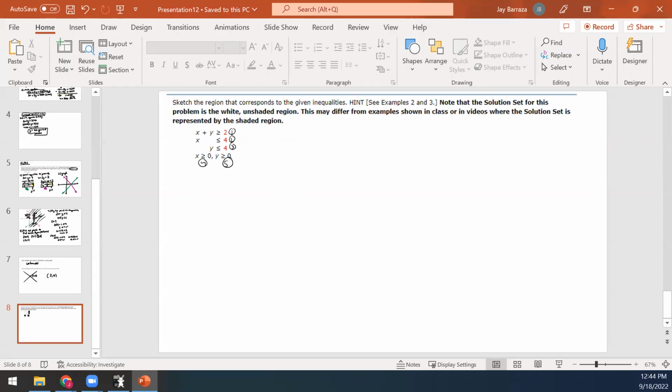So step 1, convert to y equals mx plus b, or x equals number, because you can't convert an x equals into a y equals mx plus b. So x plus y is equal to 2, x is equal to 4, y is equal to 4, x is equal to 0, and then y is equal to 0.